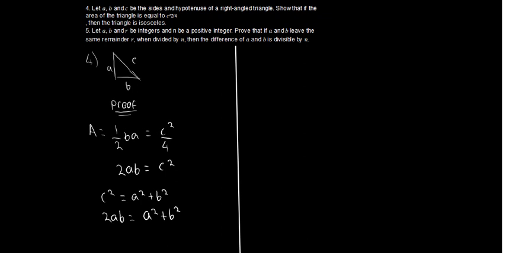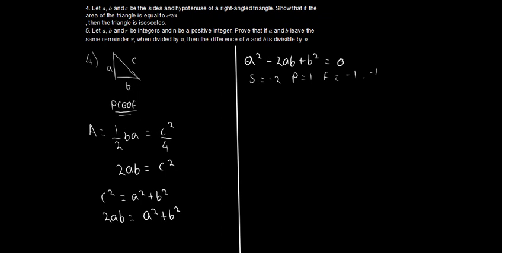Then we're just going to move everything to one side, which gives us a squared minus 2ab plus b squared is equal to 0. Then we can go on with the factorization, using the sum, product and factors. We have our sum here, -2, our product is equal to 1, and the factors are -1 and -1.